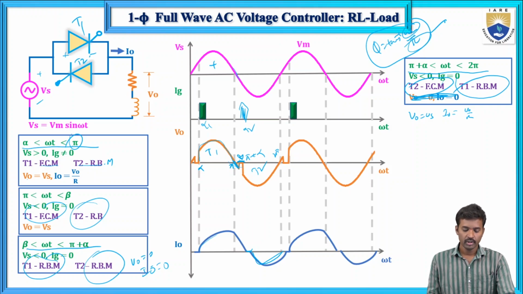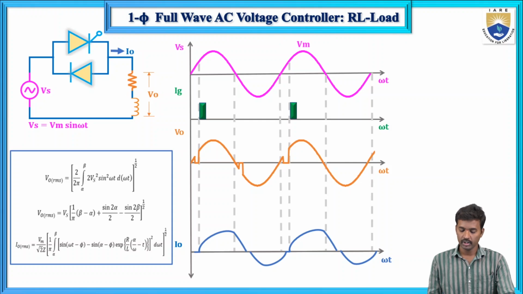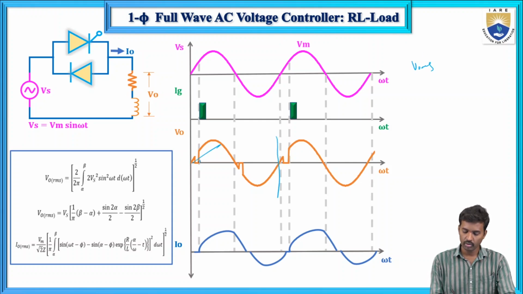Now what about the average? V0 average equals 0, because it is a symmetrical waveform; the positive half and the negative half are the same. And V0 RMS equals the square root of 2 by 2 pi, integrated from alpha to beta.